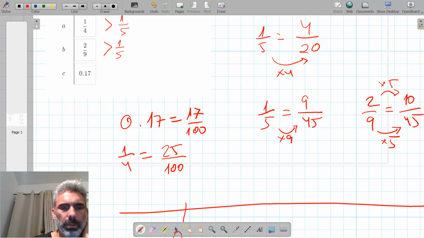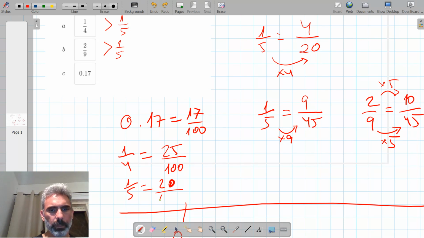And 1/5 is 20 hundredths. So the only problem now is how much 2/9 is in hundredths.